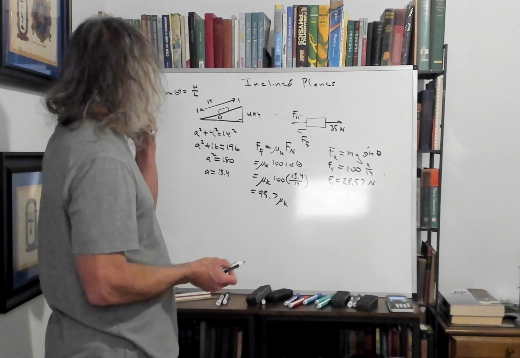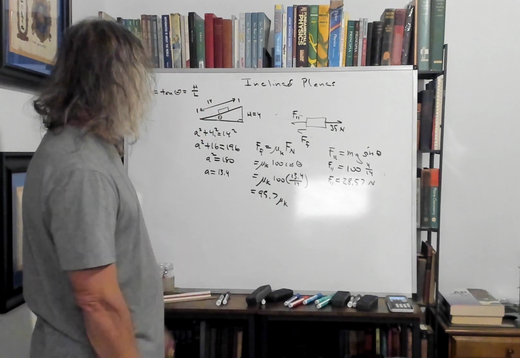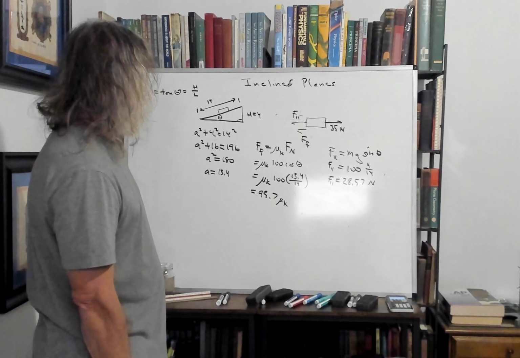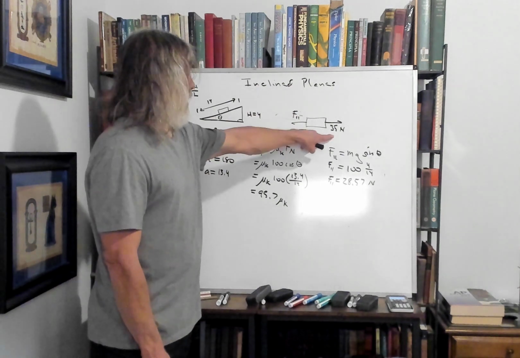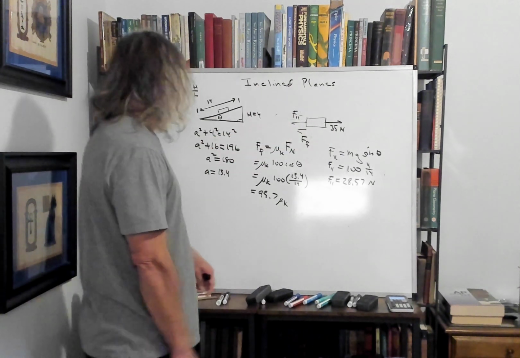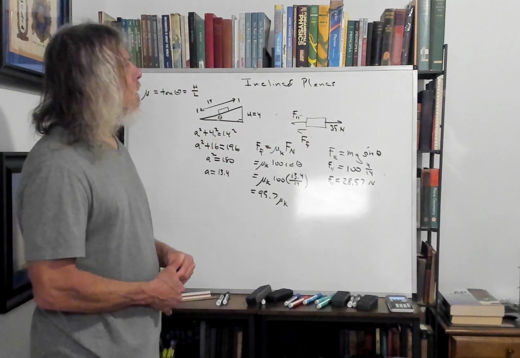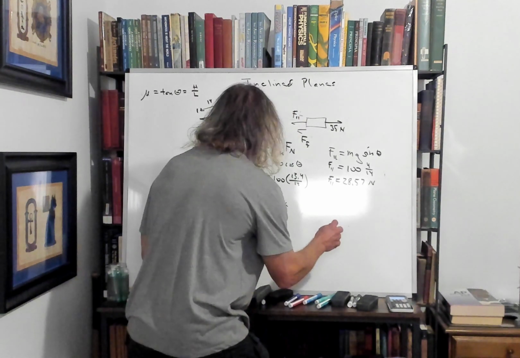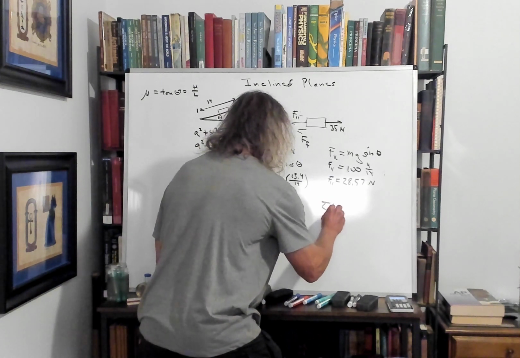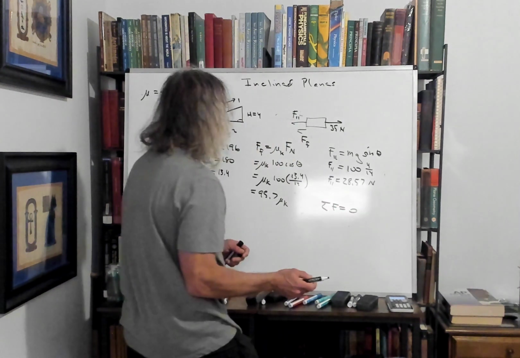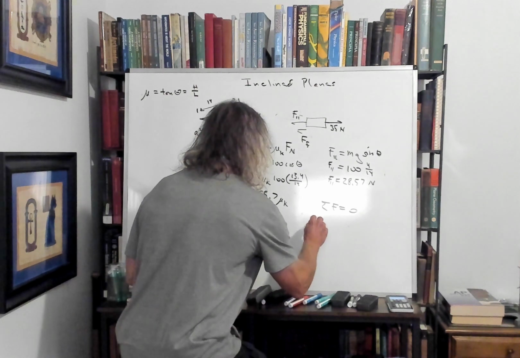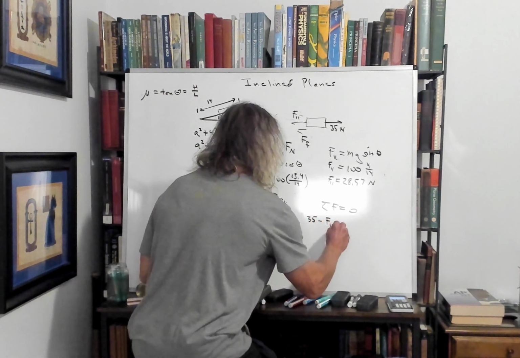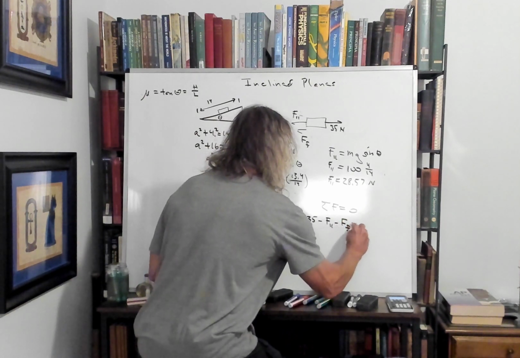Okay. And so then we know that this equals zero since it's constant velocity. Constant velocity, no acceleration, balanced forces, net force is 0. So 35 minus F parallel minus F friction is 0.